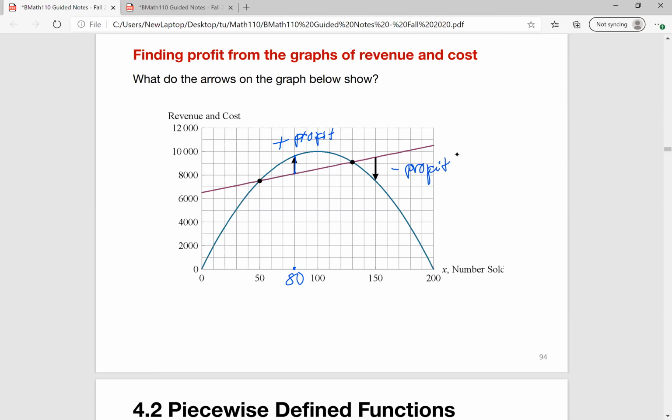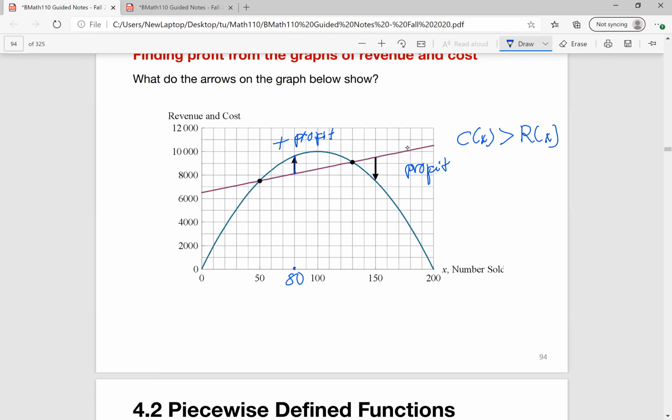Because in this case, the cost is greater than the revenues. So that means when you subtract the cost from the revenue, you're going to have a negative. So profit is less than 0 here, and here profit is greater than 0.